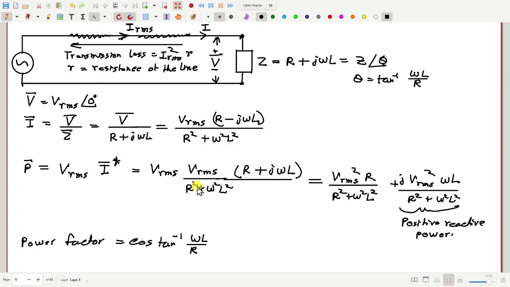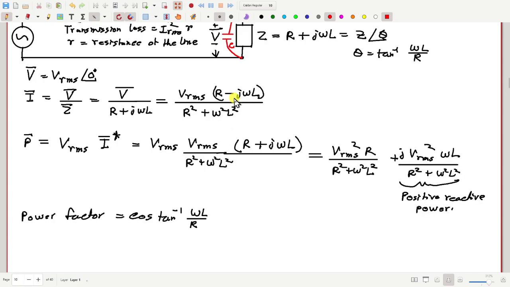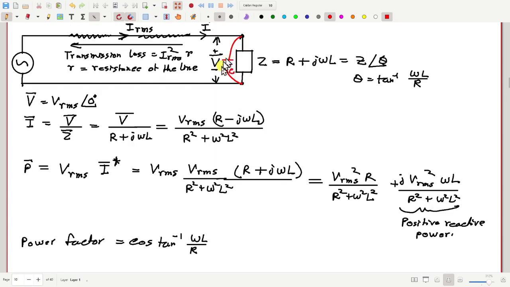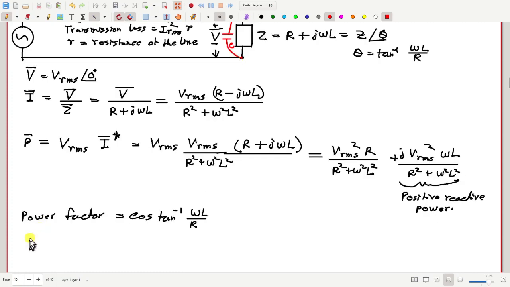Okay, now I can do one thing. I can connect a capacitor, call that C, in parallel with this load. So how much will be the impedance of the capacitor?